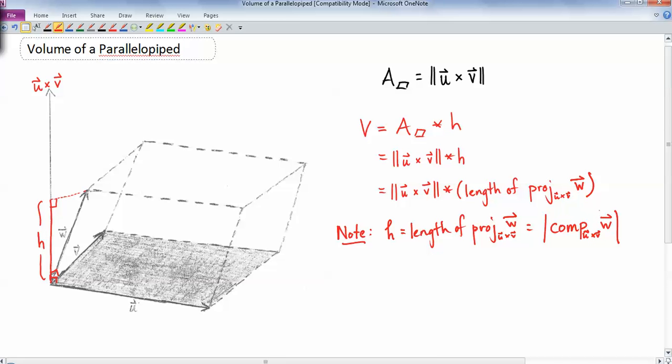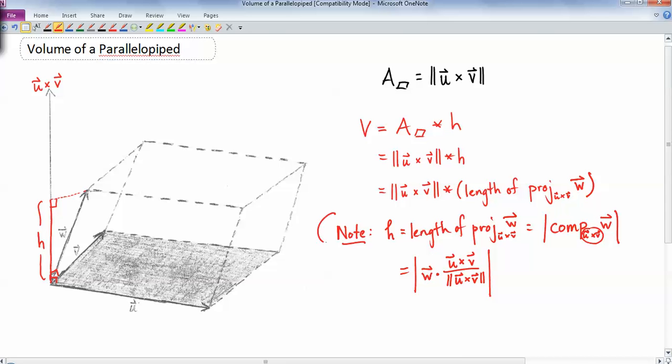And we learned the scalar component was equal to, and in this case, it's going to be the main vector W, and then dot, and then it's this vector over its magnitude. It's the normalized version of U cross V. So it's U cross V here over magnitude of U cross V. Okay.